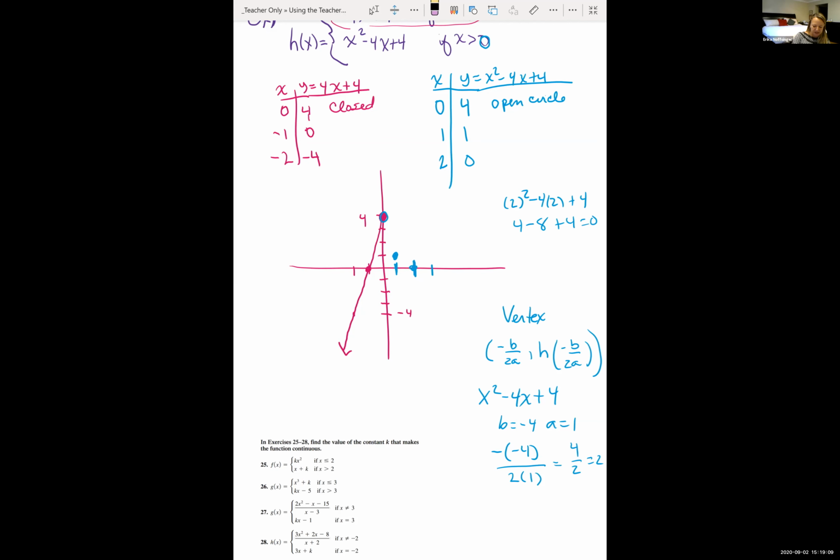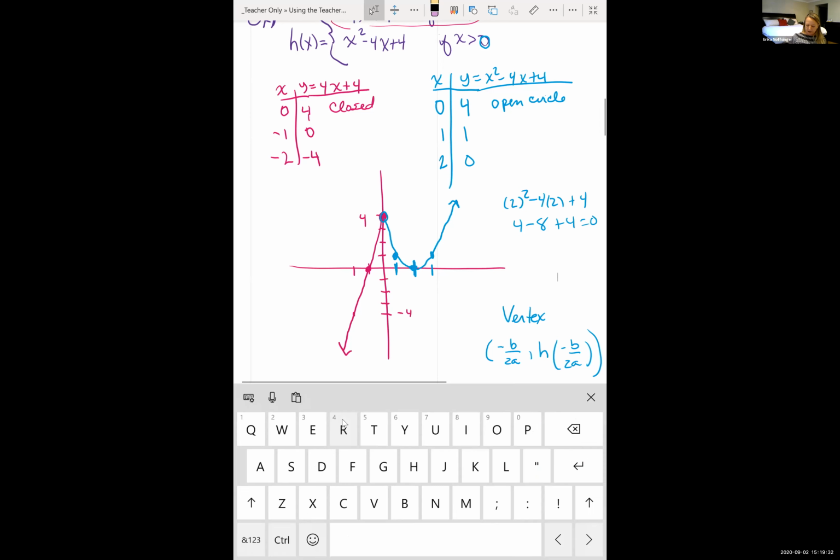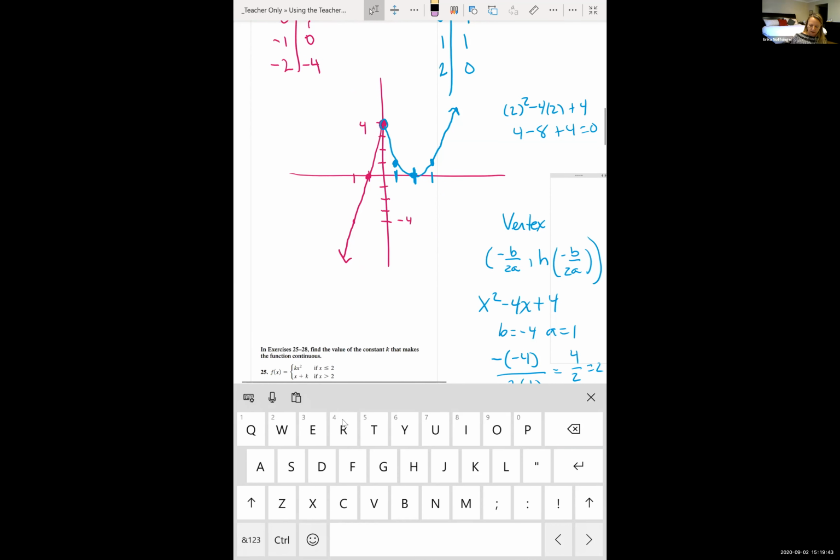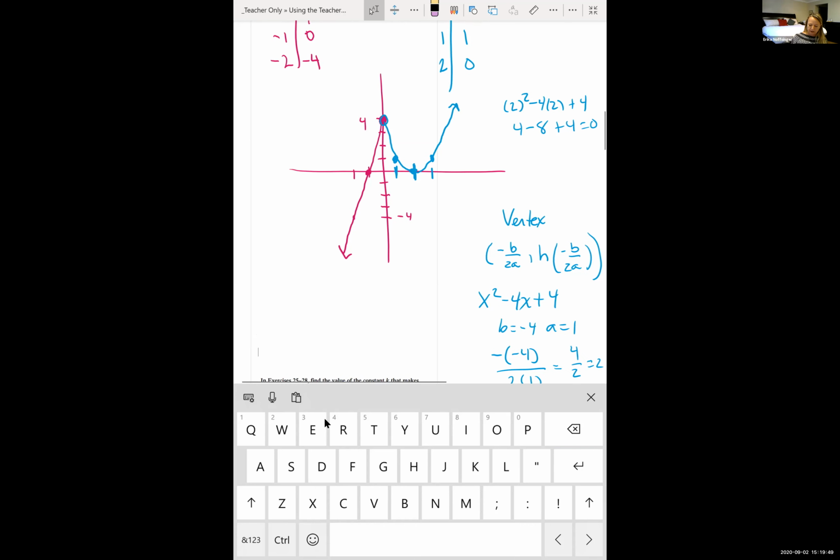I also know that it's symmetrical across this line, so I have a point here, and I know what the general shape is. It's continuing as x goes to infinity, so it's going to go upwards forever. If you look at this, it's continuous everywhere. There's no value where you have a jump or an open circle in the graph that wasn't filled in.